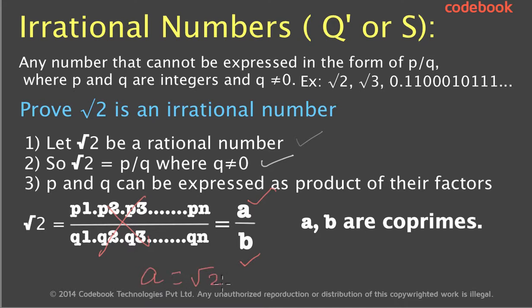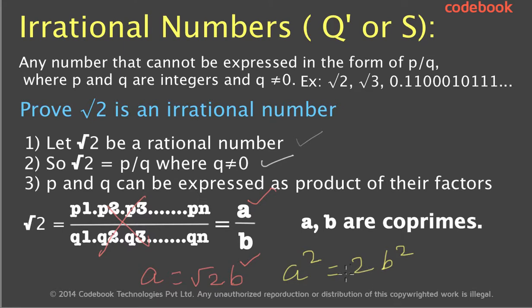So based on this, we can express a as root 2 times b. Taking square on both sides, we have a square is equal to 2b square. So we have expressed a square as the product of 2 times b square. And we know that 2 is a prime number and it is dividing a square. If you remember the theorem, if p is a prime and it divides a square, then the prime also divides a.